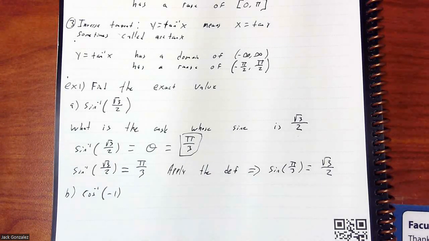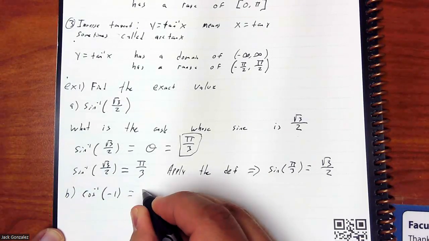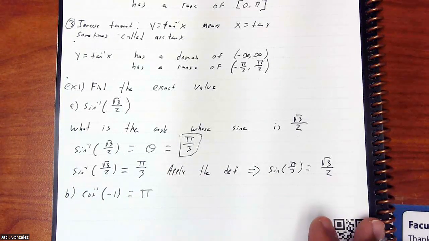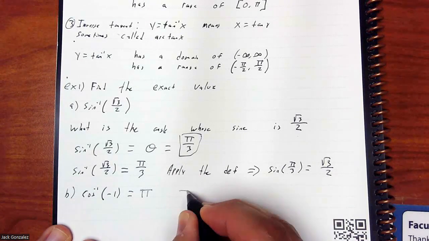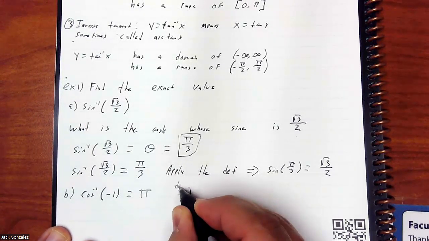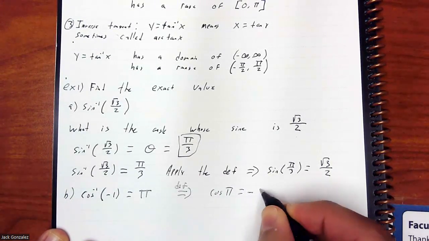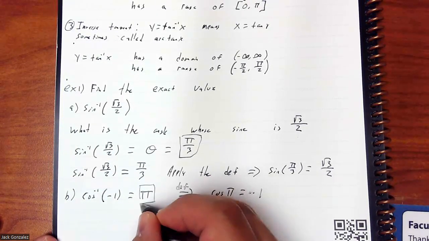Yeah, it's going to be pi, right? Using our definition, or just our unit circle, it will be pi. Using the definition again, we know that cosine of pi is equal to -1.